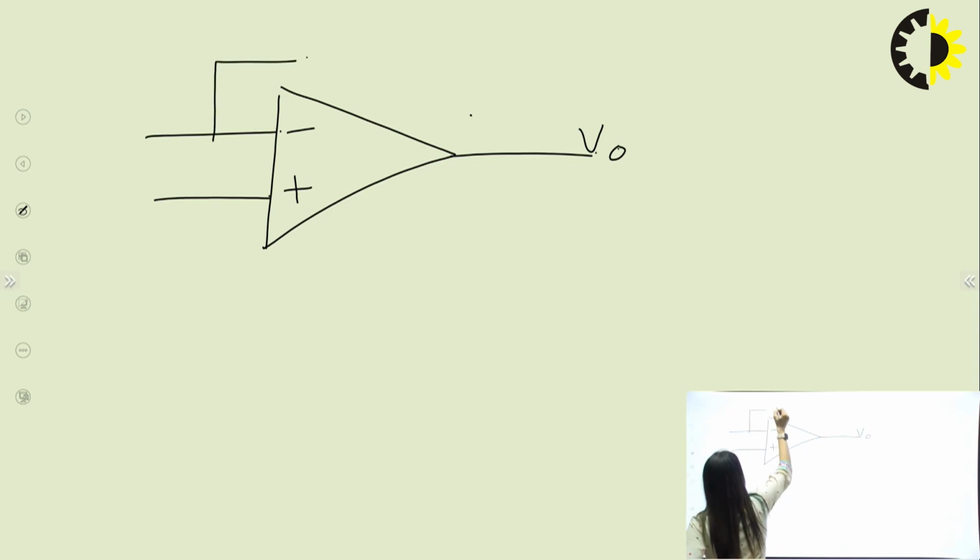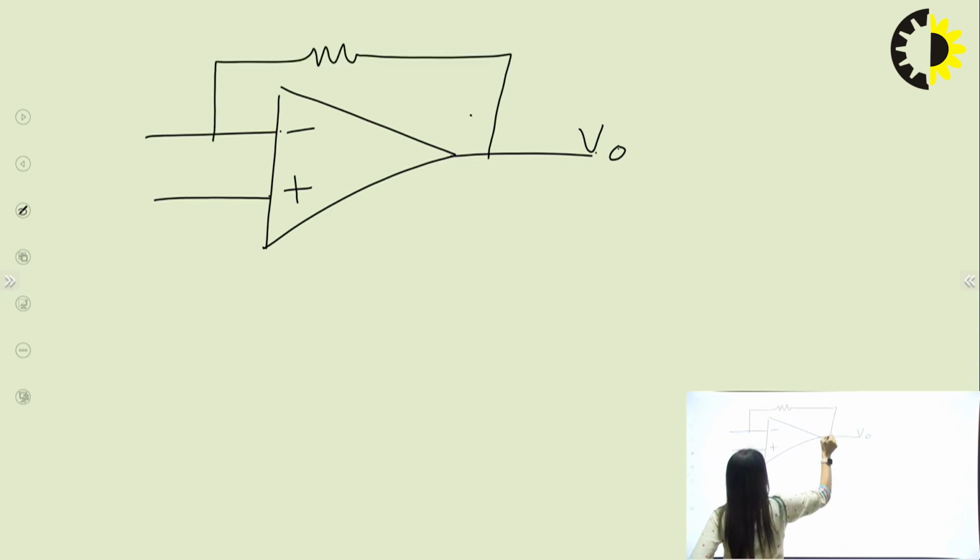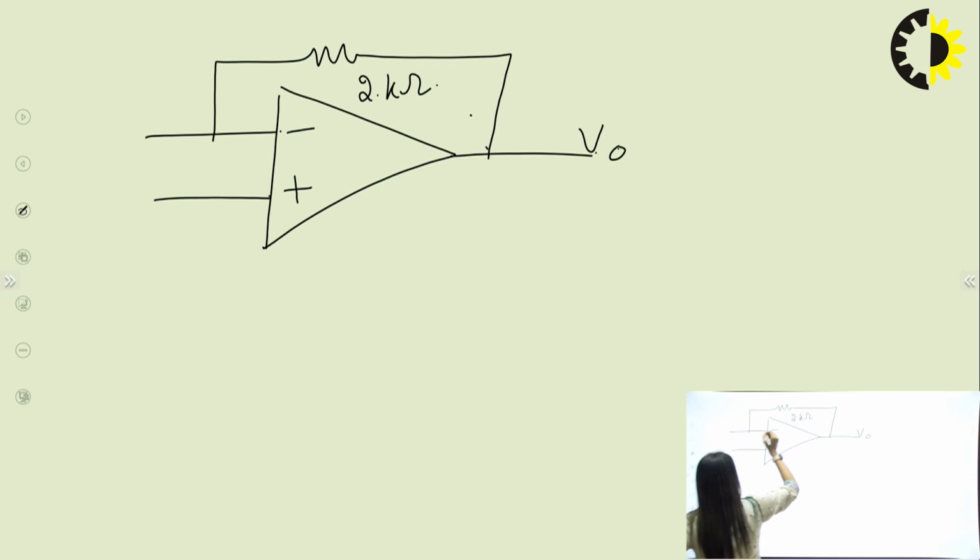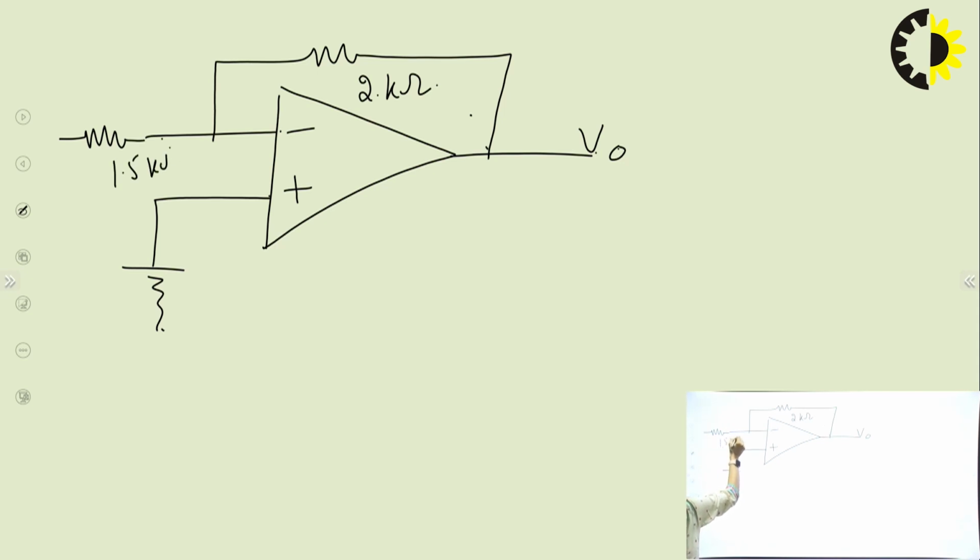From here we have given some 2 kilo ohm resistance, and this point has been grounded, and this is some 1.5 kilo ohm resistance, and some DC voltage we have applied of 6 volt, let's say.